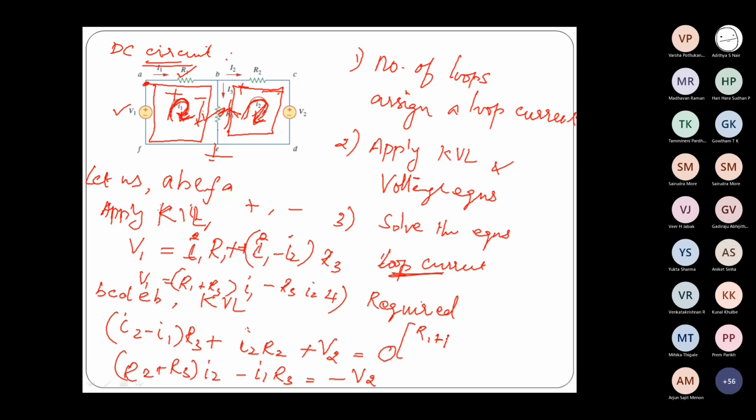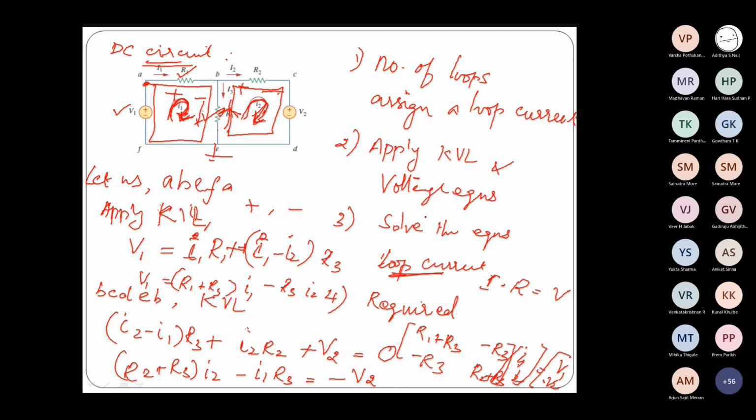I have R1 plus R3, minus R3, and here minus R3, R2 plus R3, multiplied by I1, I2, which is equal to V1 minus V2. So this is the R matrix multiplied by the I matrix is equal to the V matrix.